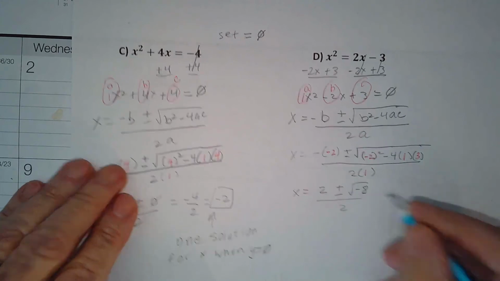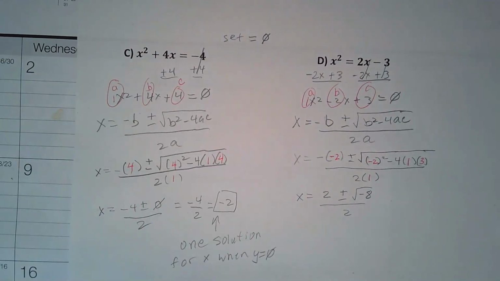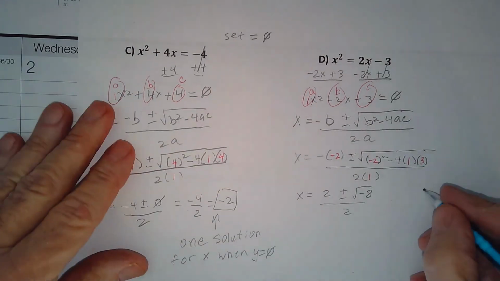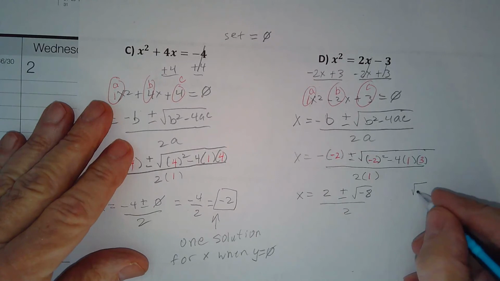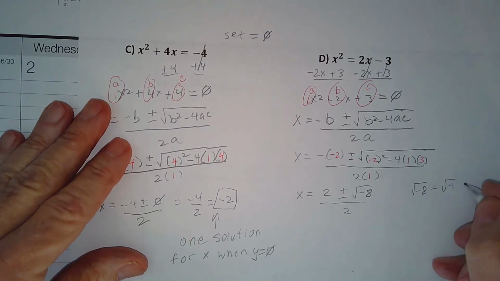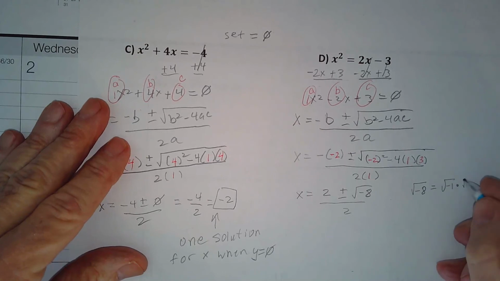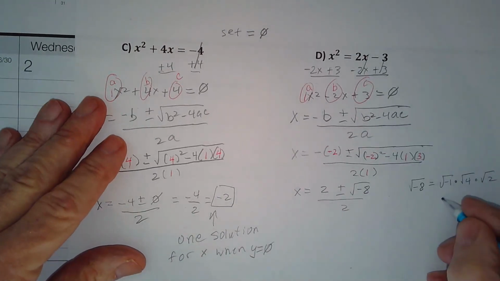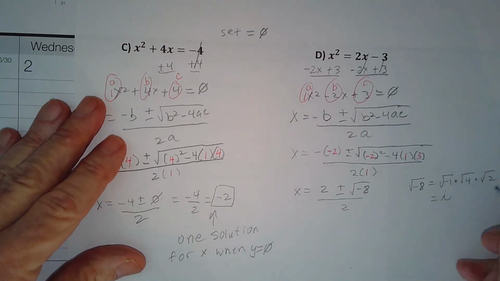Now here's the problem. The square root of negative 8 is really the square root of negative 1 times the square root of 4 times the square root of 2. And the square root of negative 1, as we know, is i. And the square root of 4 is 2.